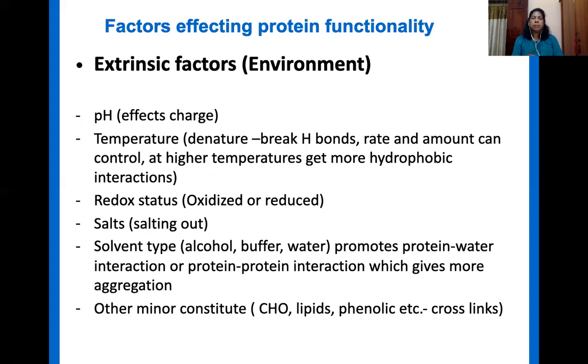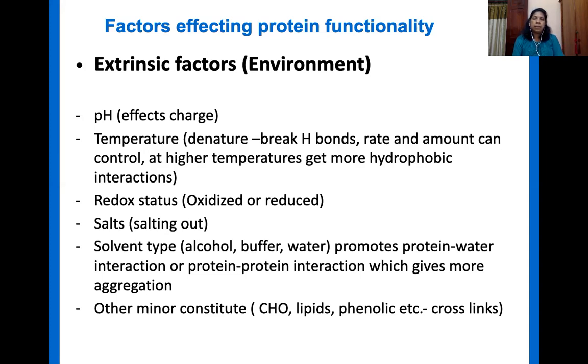Here is a really important point: at high temperature you get more hydrophobic interaction. Then what is the result of having hydrophobic interaction at a high temperature? What would be the result? Anyone can type it.